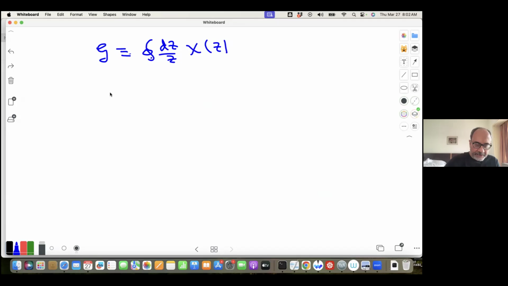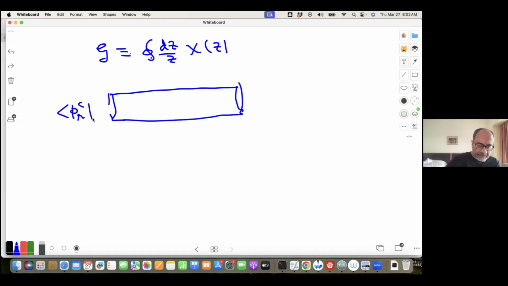So what this is saying is that if you look at the cylinder picture again, here is phi RC, phi SC.